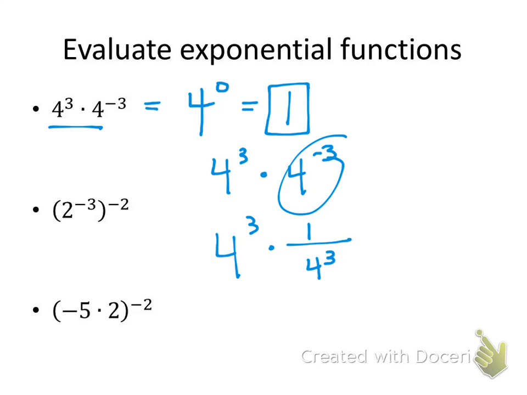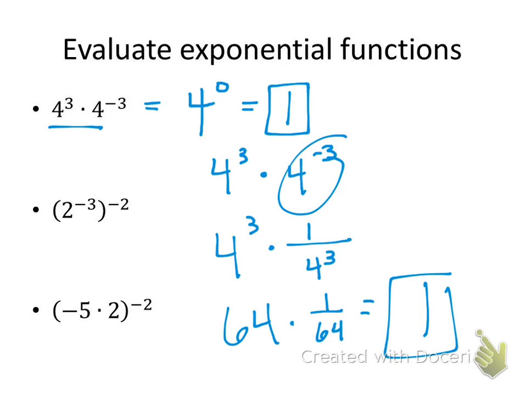Okay, that's still fine. 4 to the third is 64 times 1 over 64. 64 times 1 over 64 is 1. So do I get the same answer? Yep. You just do a lot more work. Does everybody see that? So that's why you can use what we learned on Friday to help you, and you have a lot less work than if you were just to do what we did today.